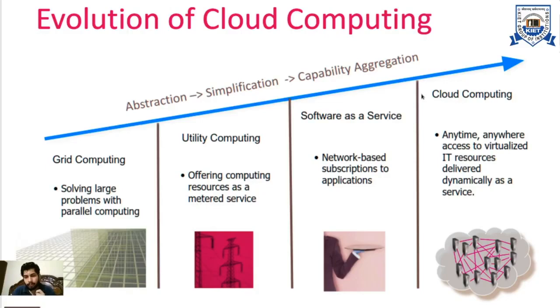Computing resources include networking capabilities, storage capabilities, and computational capabilities of computers. So we would be sharing computation, storage, and network capabilities of a computer with a user, and that user will pay as per their usage, right?